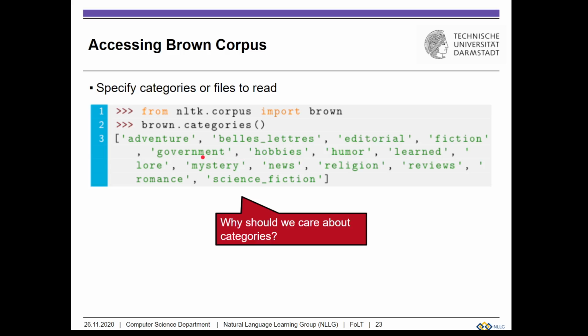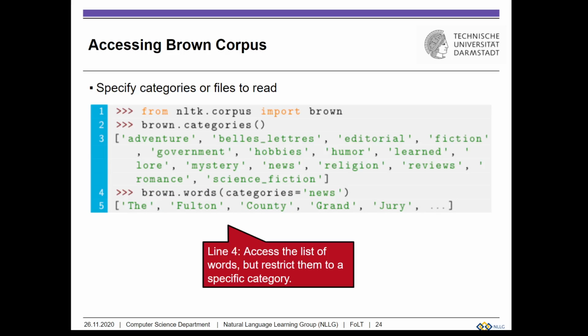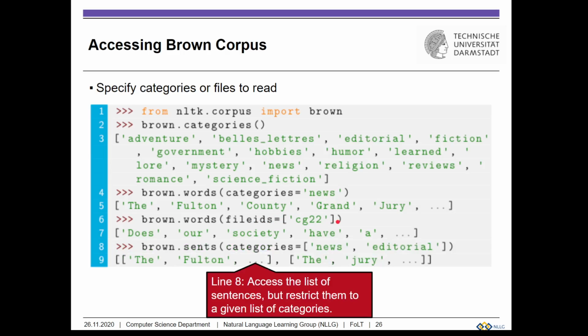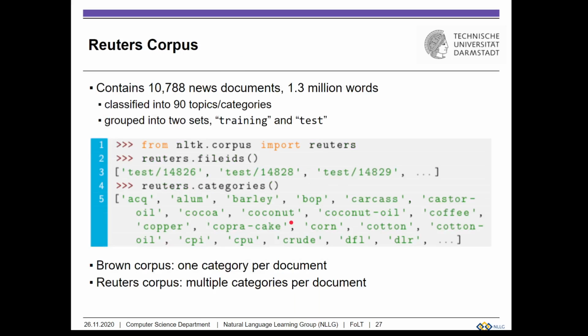So that's why we would care about those different classes. If you want to get all the words from a certain category, you can specify this by giving the category that you're interested in. You can also get the words that belong to a file or several files with certain IDs. So here you see the file IDs as before. And you can do the same for sentences, of course.